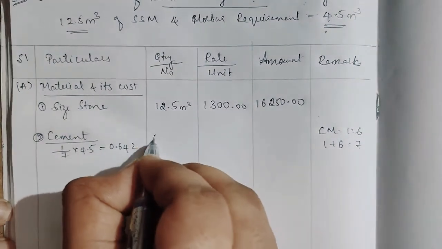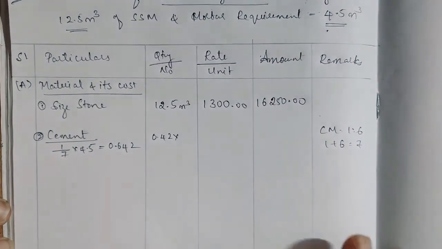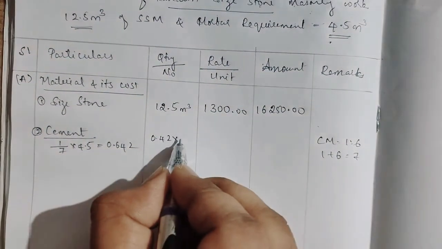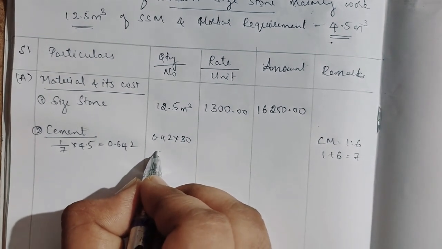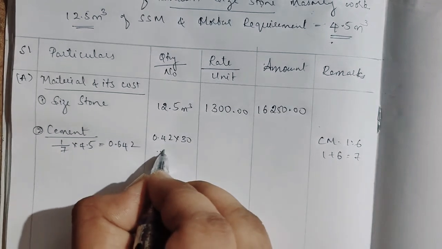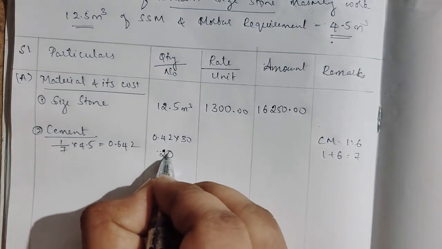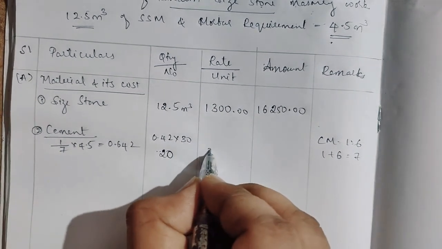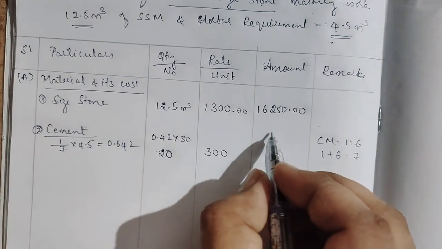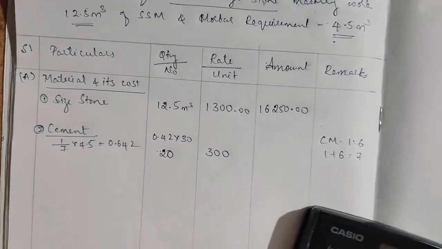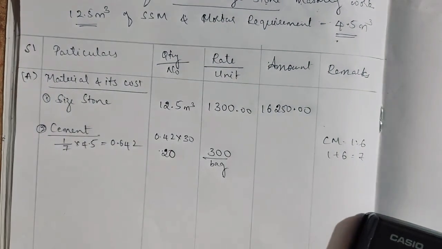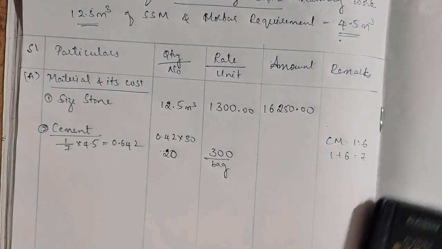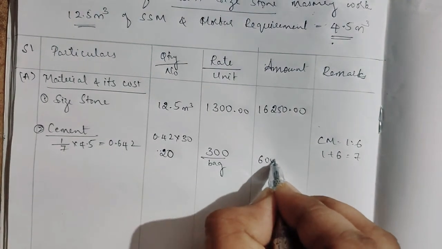This 0.642 into 30 will fetch us 19.28, so I'll take 20 only. The rate is 300 per bag, so 6,000.